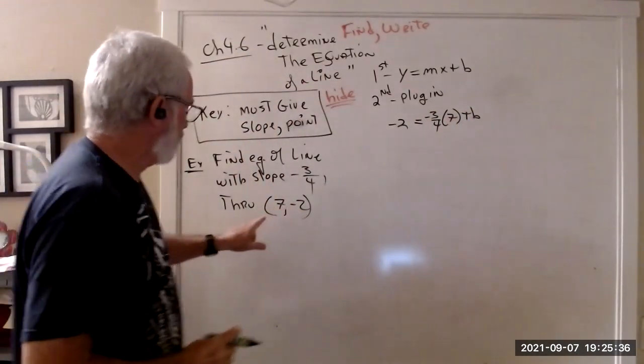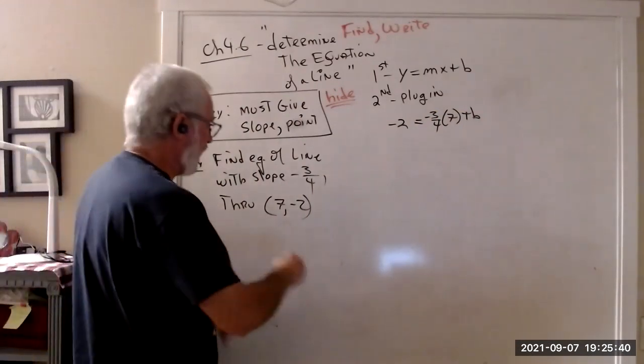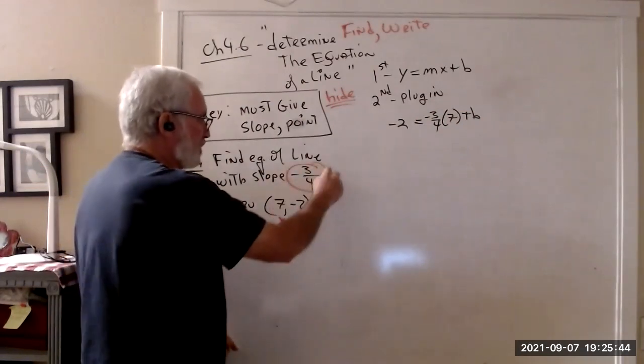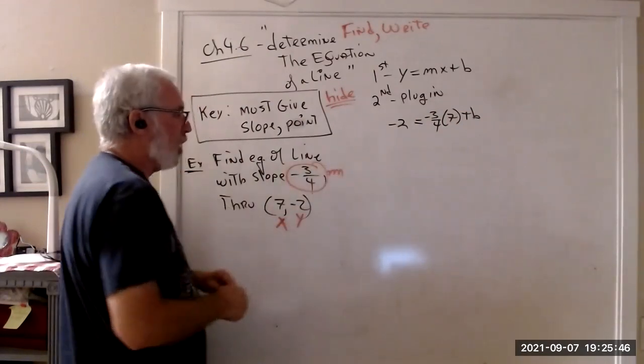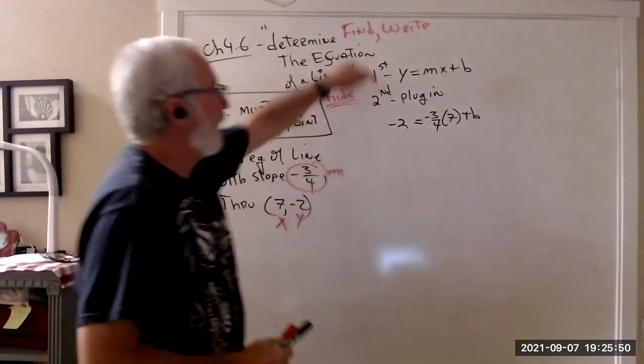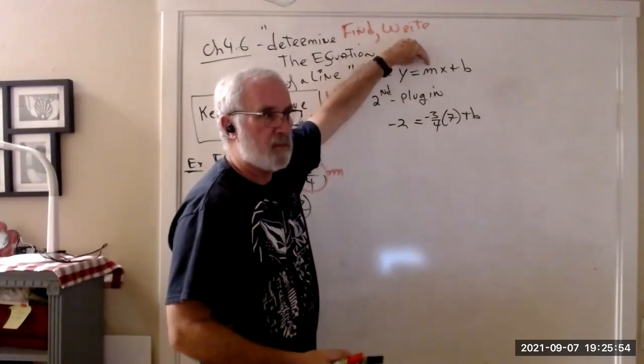Okay, so notice when I give you the point here, this is the x, this is the y, this is the m. So all I did was take this information, x, y, and m, and I plugged it into the formula for x, y, and m.